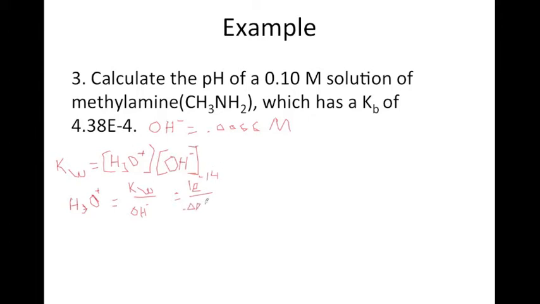That equals 1.52 times 10 to the negative 12th molar. Then you find the negative log of that, which equals 11.82, and that's your pH.